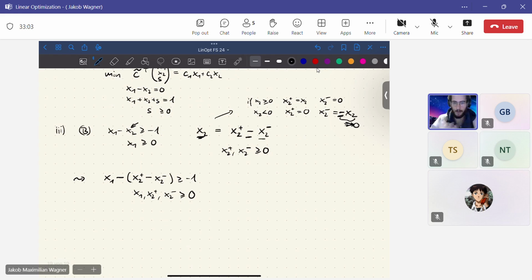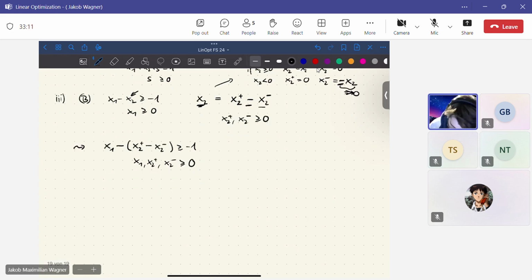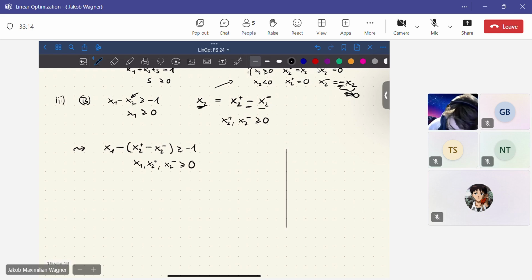This also gives us a feasible set that lives in one dimension higher, which is a bit more difficult to draw. Something like this, where here we have x1, here x2 plus, and x2 minus. And all those positivity constraints tell us that we live in this positive octant, so to say.